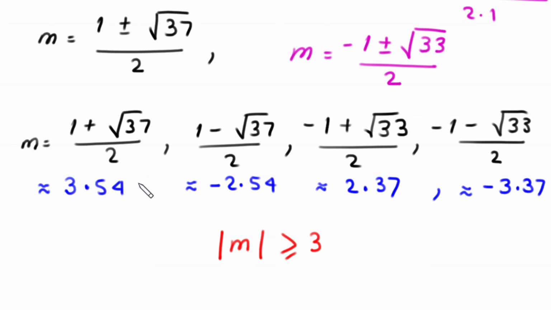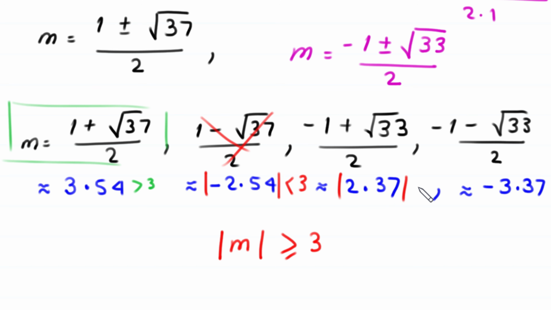This is greater than 3, so this is a valid solution. And absolute value of negative 2.54 is less than 3, this will be rejected. And this also has absolute value less than 3, this will be rejected. And absolute value of this number is greater than 3, so this is also a valid solution.